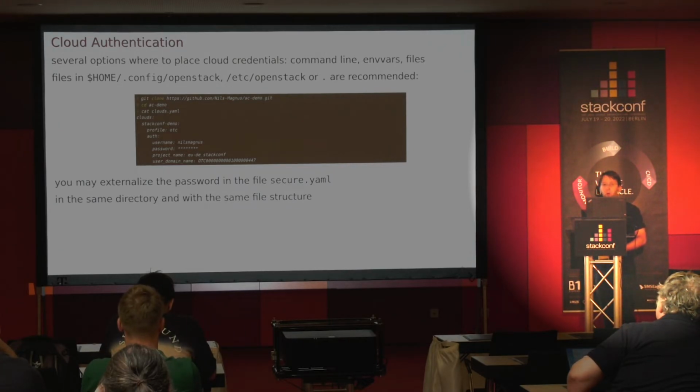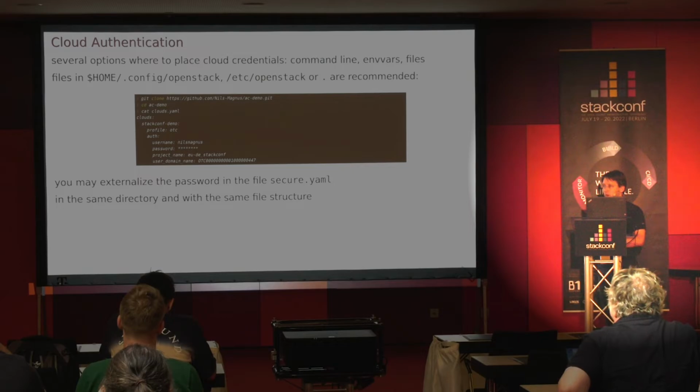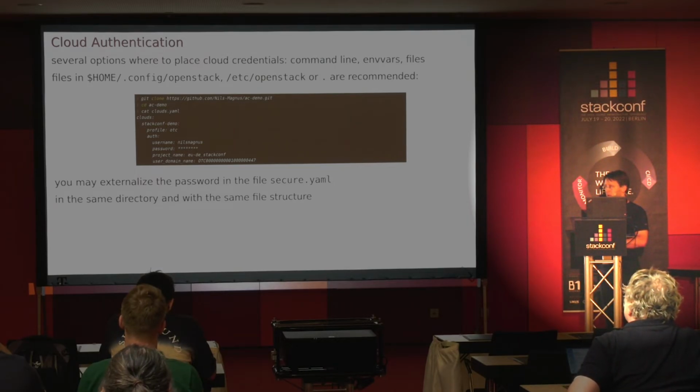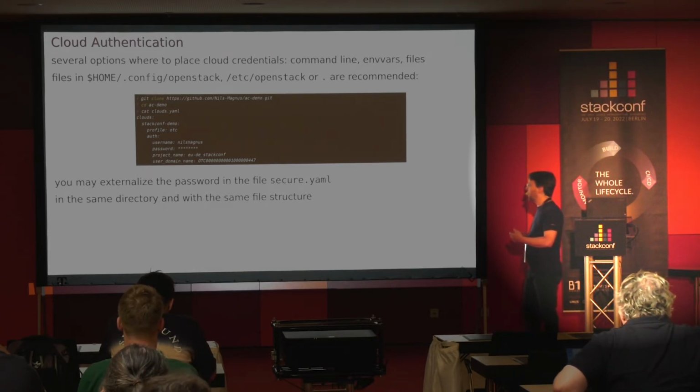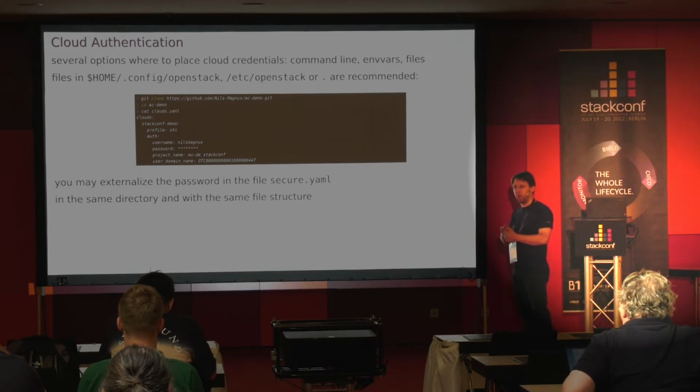If we are talking about the cloud, we have also talked about how to communicate with the cloud. I said there is an API, and using this API requires some authentication. There are several options in several bunches of documentation describing how to do that, including environment variables or command line switches.